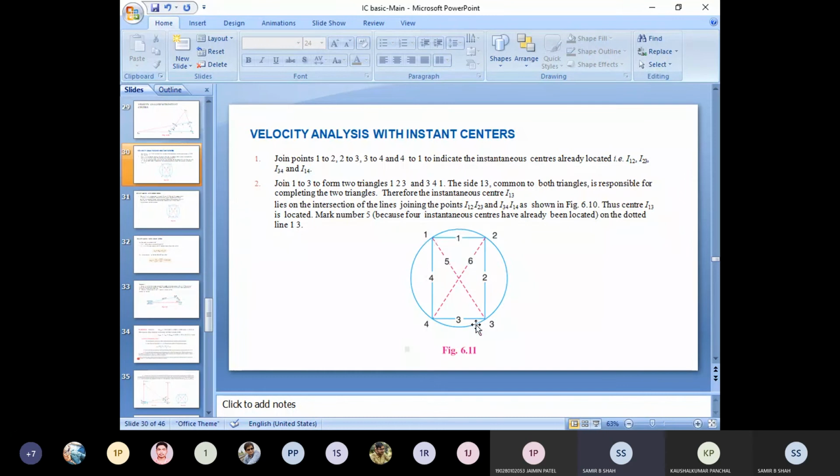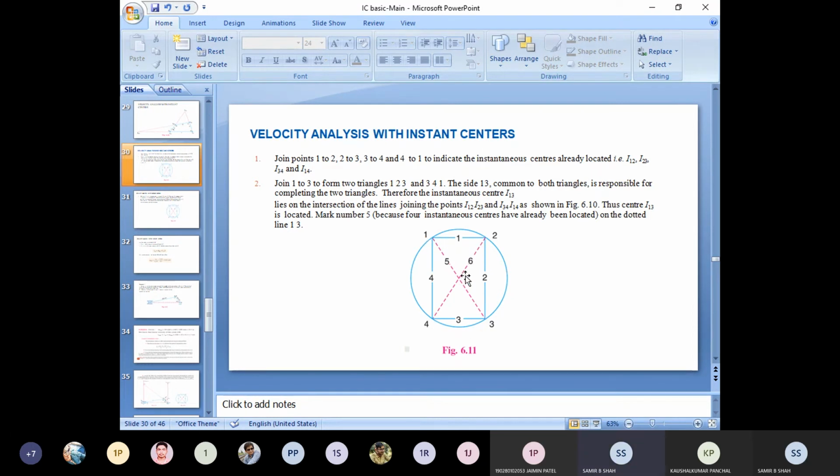Mark number 5. It is called mark number 5 because our I centers have already been located on the circle, so we locate it with the dotted line and join 1, 2, 3. Now join 2 to 4 to complete 2 triangles: 2, 3, 4 and 1, 2, 4.